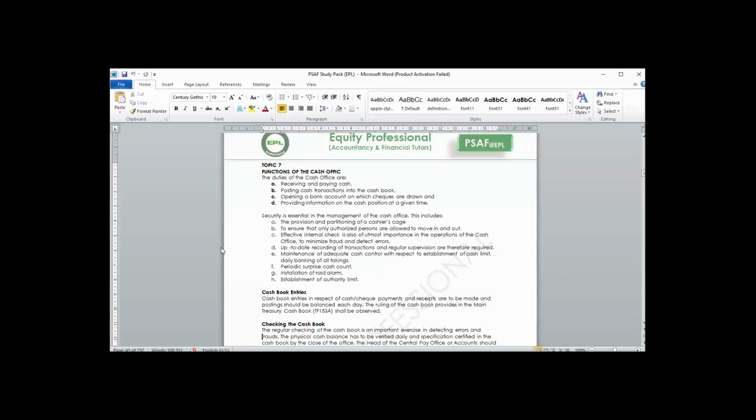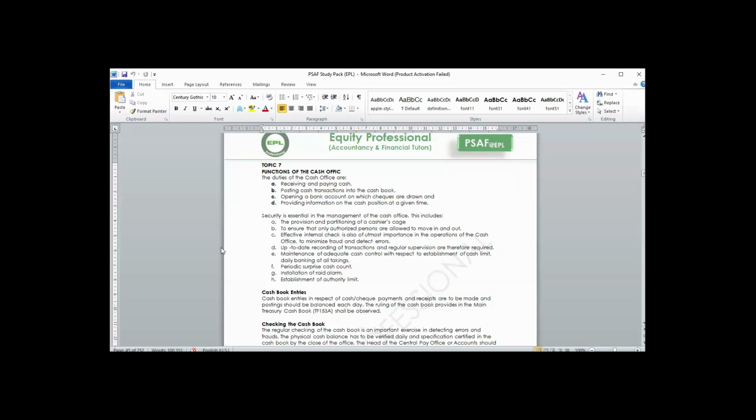Under the direct method, you prepare the bank reconciliation statement without an adjusted cash book. On the other hand, under the indirect method, you prepare the adjusted cash book and also prepare the bank statement.